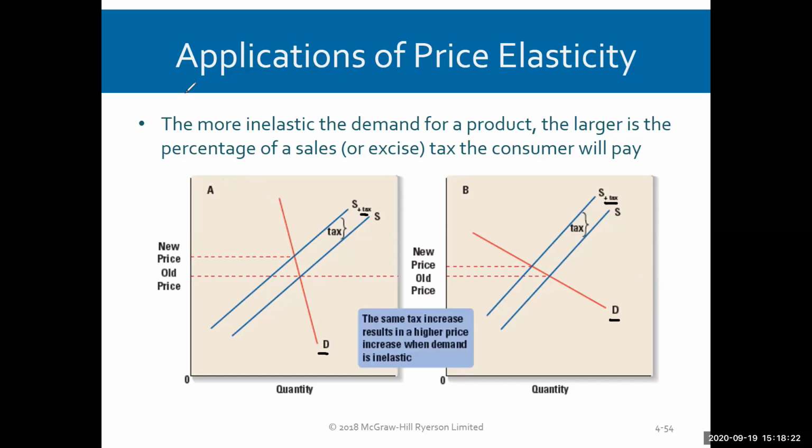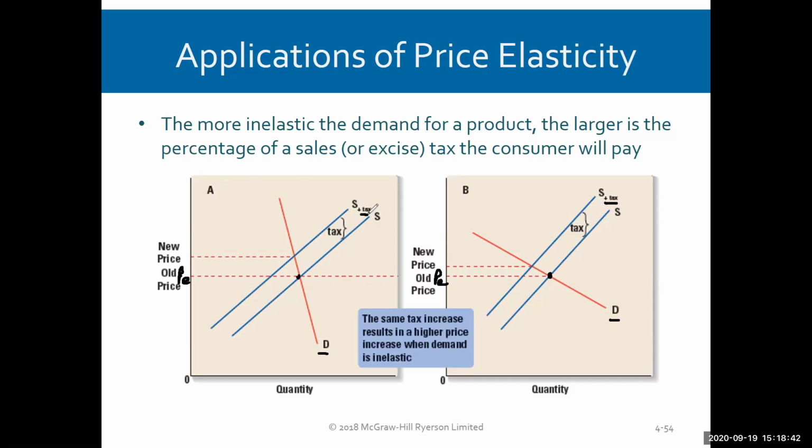We start and we find the equilibrium price here, right where demand and supply cross, and that's the original supply. Here's the equilibrium price, PE, and we go over here and do the same thing. Demand and supply cross, and we find the same equilibrium price. The only thing is this is the inelastic demand, it's steeper.